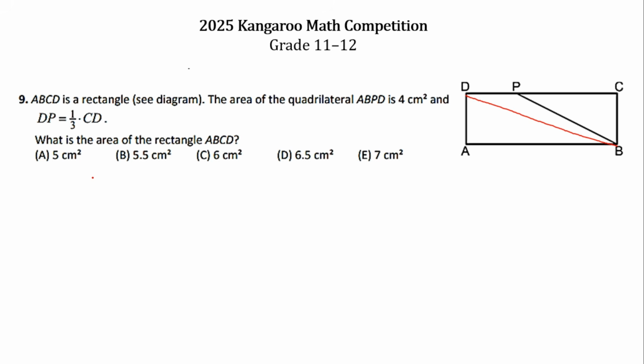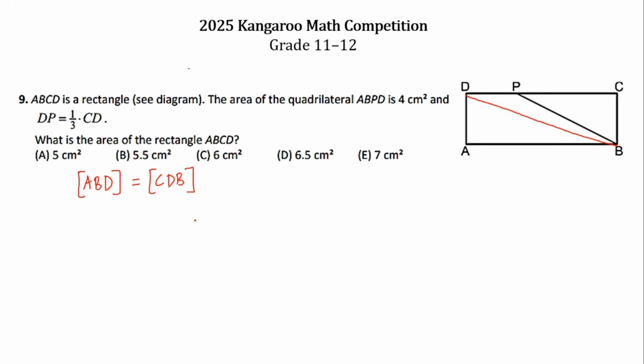So the area of triangle ABD must be equal to the area of triangle CDB. So we are using this notation for the areas.